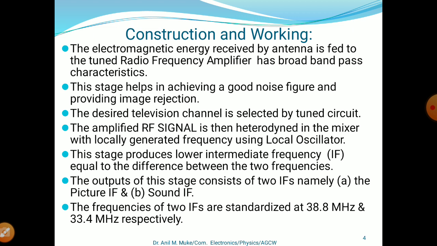And it will produce two intermediate frequencies. One is the picture intermediate frequency, another one is the sound intermediate frequency. These two intermediate frequencies are standardized at 38.8 megahertz for picture and 33.4 megahertz for sound.